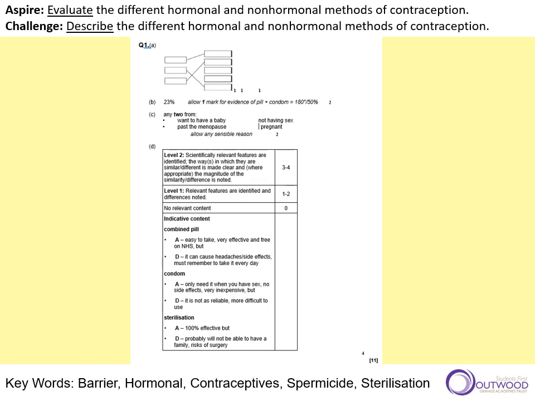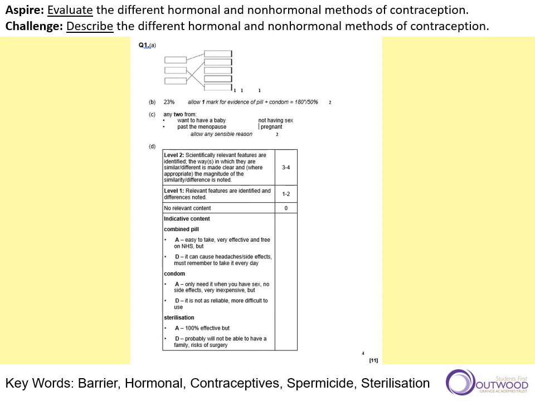And then part D, the final bit, what you needed to have done is, as it states, you could have written like a little subtitle: combined pill. Advantage, easy to take, very effective and free on the NHS, but disadvantage, causes headaches and has side effects. Condoms, advantage, only need it when you have sex, not expensive, even free to some extent, and then disadvantage, not reliable and difficult to use, and you have to remember.